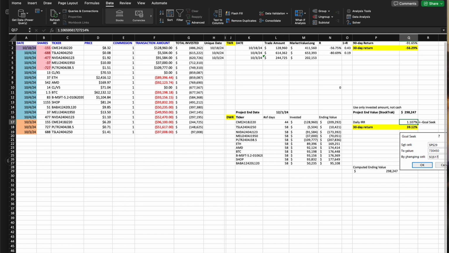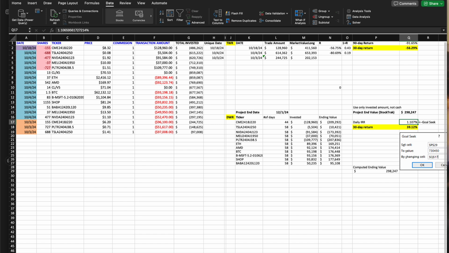To get that, we had to use GoalSeek. You go down to Data, then What-If Analysis, and click GoalSeek, and you want to set the cell to the computed ending value, which for mine was $247,000. That's so sad. Thankfully, it's over $250,000, but still.